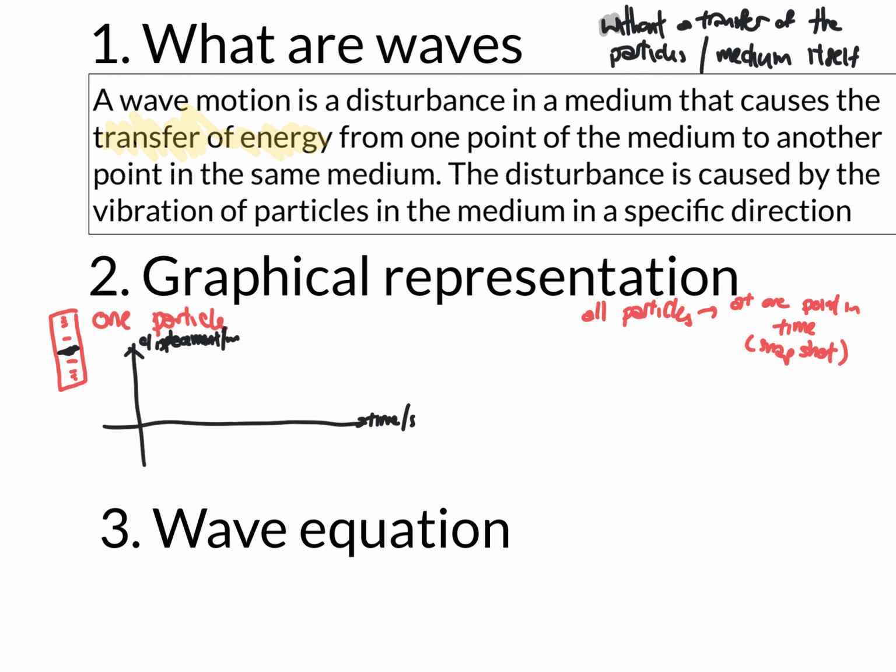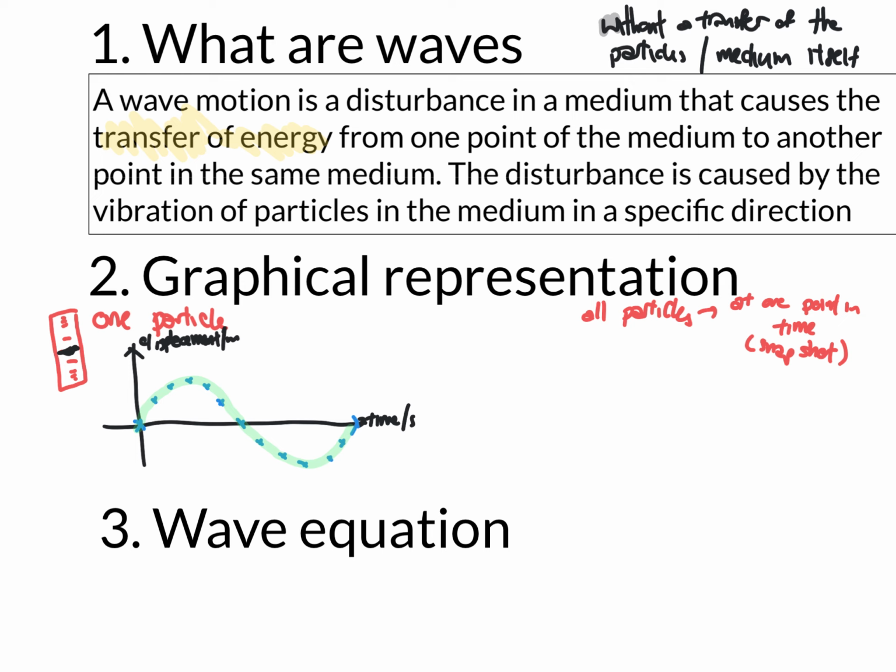What we did in class is that it will look something like this, right? At maybe 0 seconds it is here, and then after that you start having this pattern that looks something like this. Not sure if my drawing is very accurate, but generally you see something that looks like this. We'll be able to plot such a graph that over time, at different points in time, there's a certain displacement away from the rest position where it started.